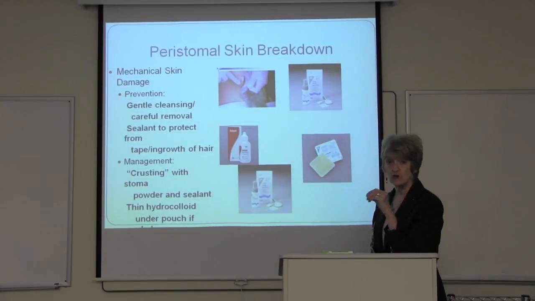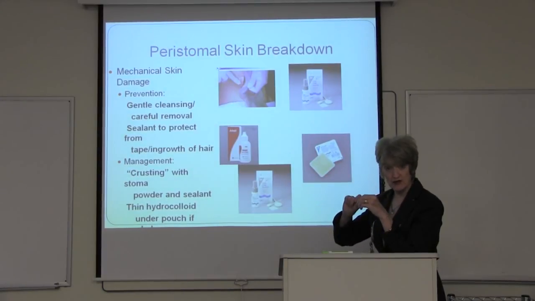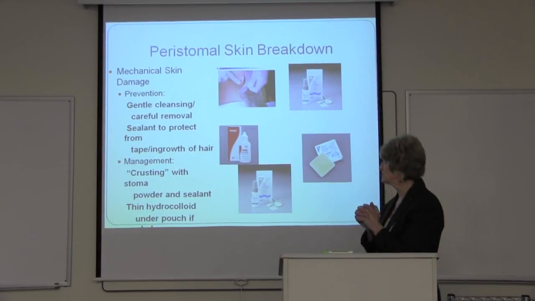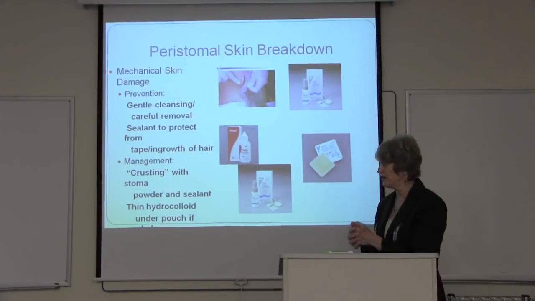If you have residual paste, you have two choices. You can add ostomy powder to make it drier and then roll it off with a dry paper towel or a Q-tip. Or you can add water and smooth it with your finger to make it flatter. But don't pick it off because you'll cause skin damage. So don't jerk your pouch off, don't pick your paste off.